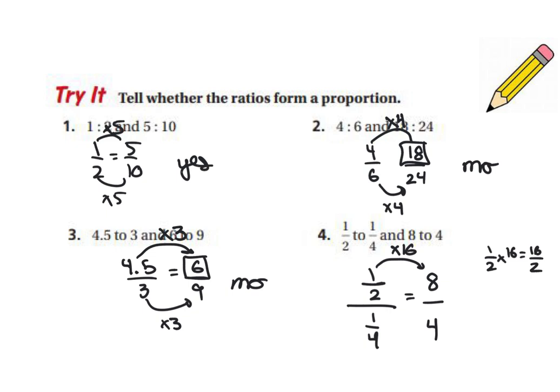So there's the math on the side just to prove it. And we need to see then if 1/4 times 16 gives us 4. 16 over 4 is equal to 4. So here we would say yes, those form a proportion as well.